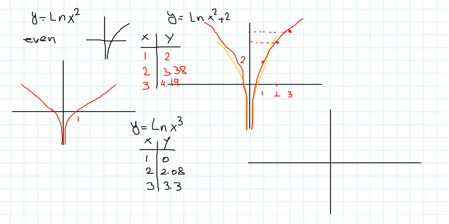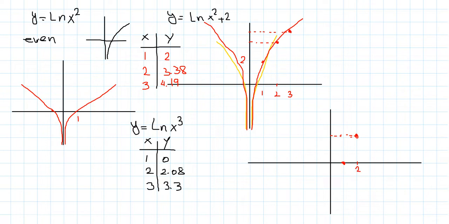Let's find these points. If x is 1, y is 0. This is the first point. If x is 2, y is 2.08. It's near 2. So it is another point.